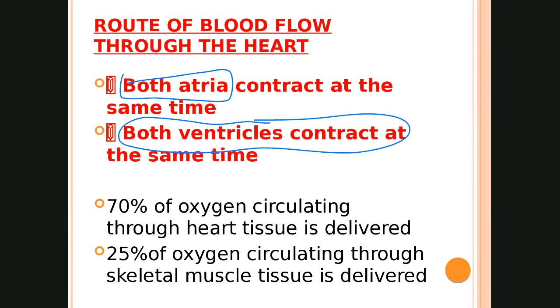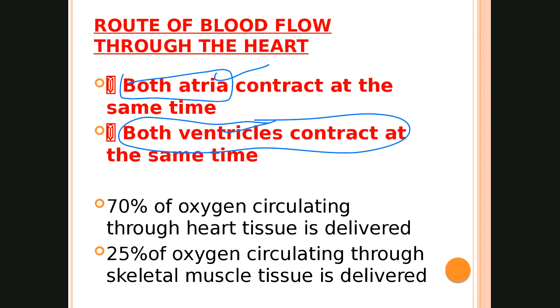Then there is a long period of rest for both atria and ventricles, and then the whole process begins again. Atria contract, then the ventricles contract, then both chambers rest, then again atria contract, then ventricles contract.